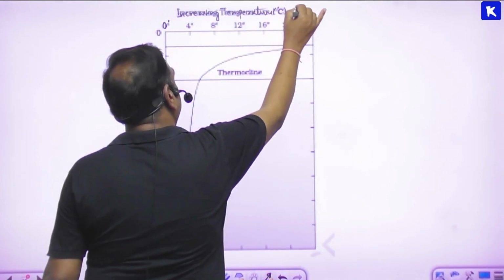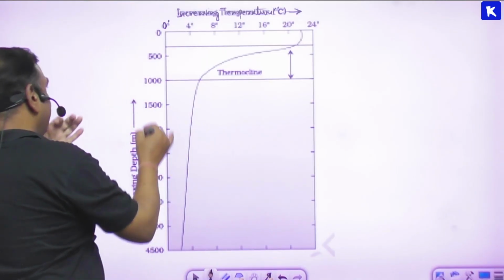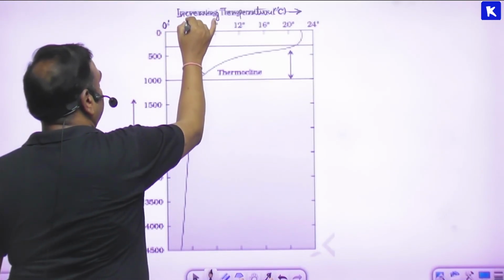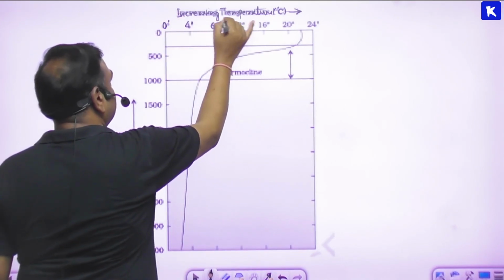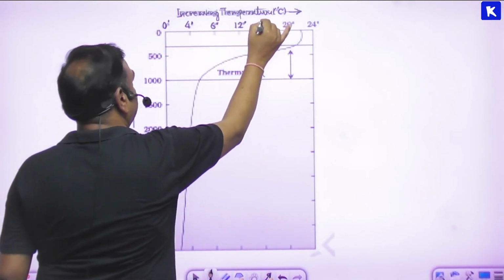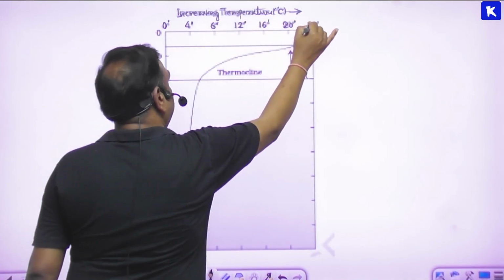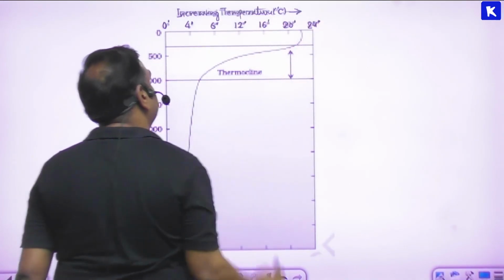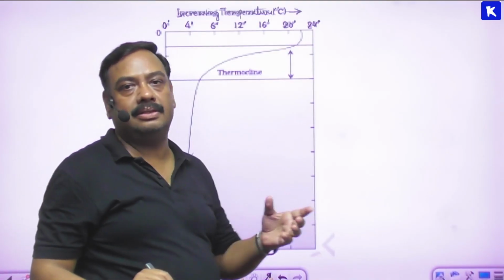The values of temperature have been given as 0 degrees, then 4, then 8, 12, 16, 20, and 24 degrees Celsius.